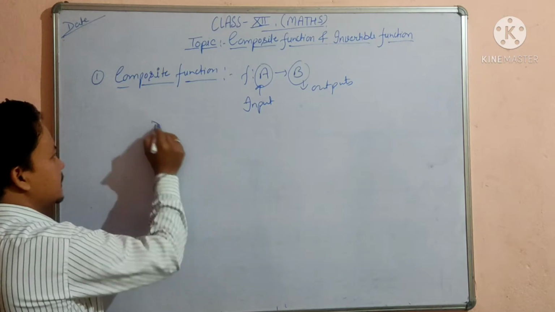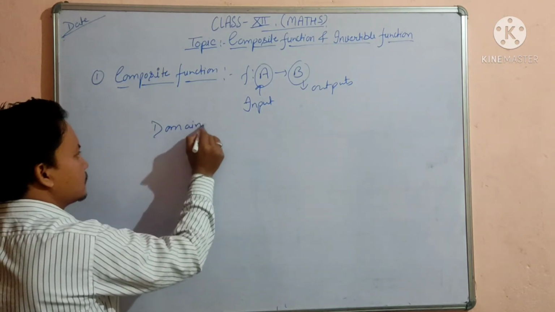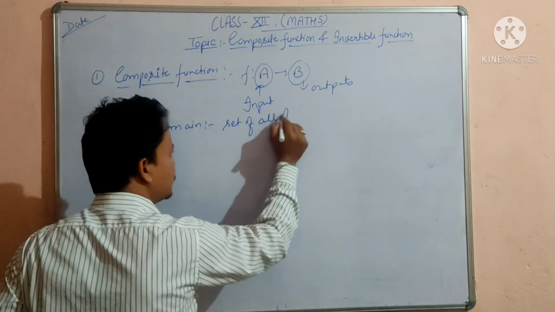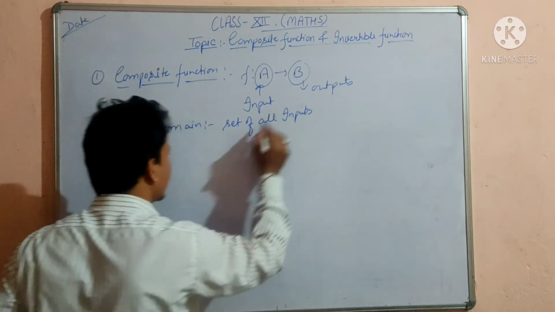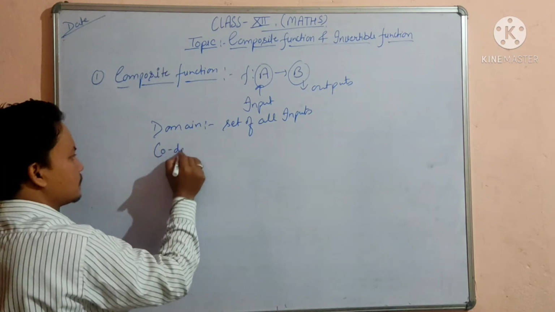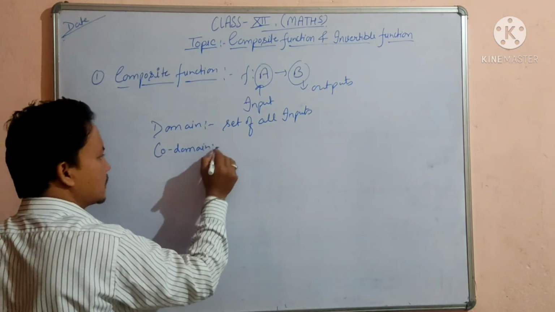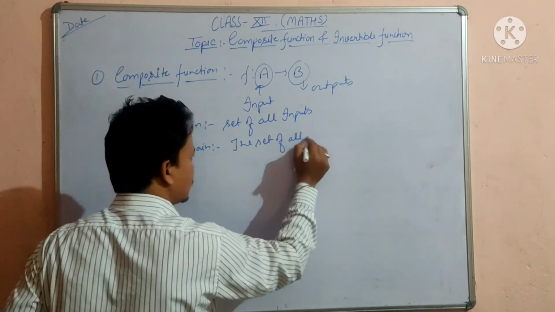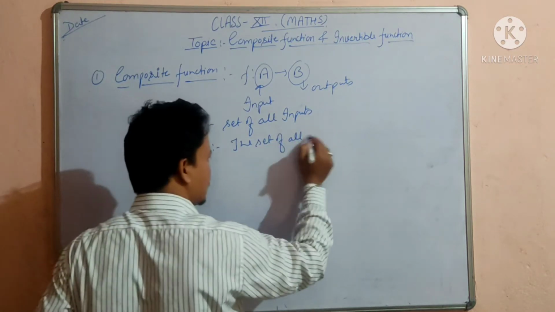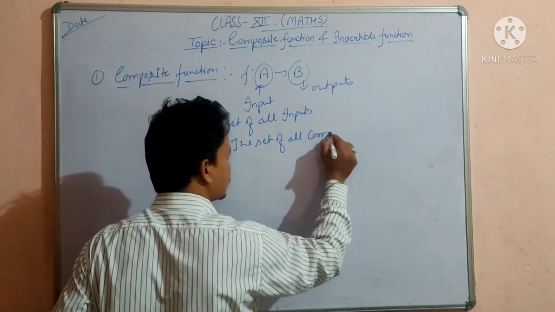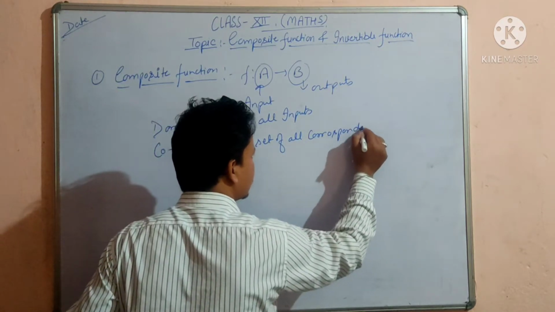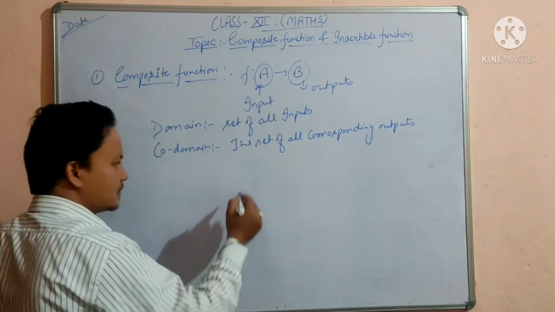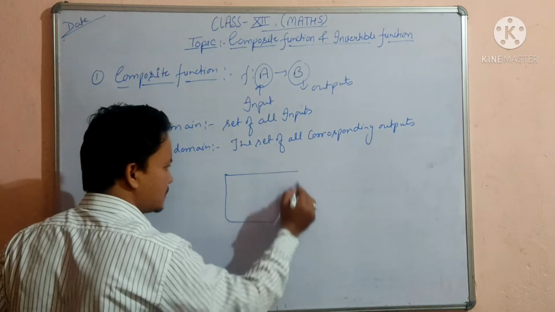Let me write it. Domain is the set of all inputs, and codomain is the set of all corresponding outputs. For example, let us suppose a function is like a machine.